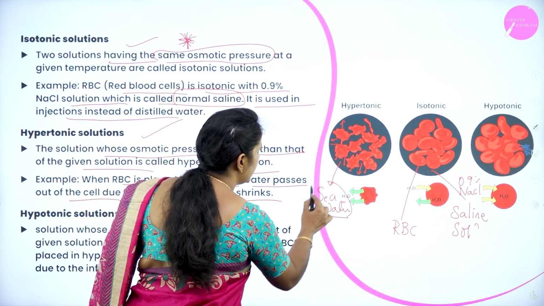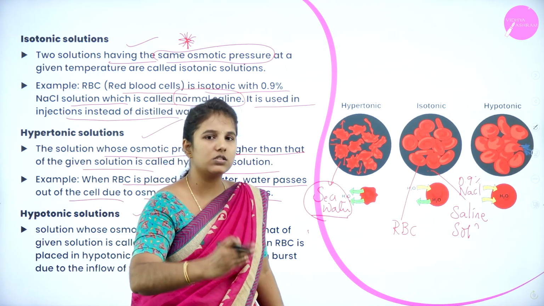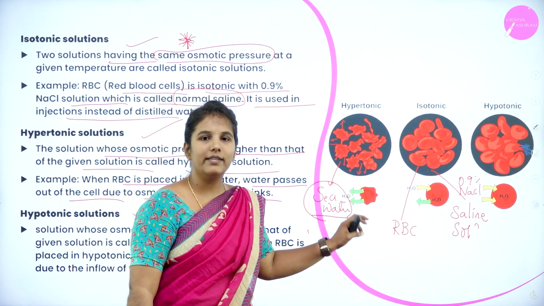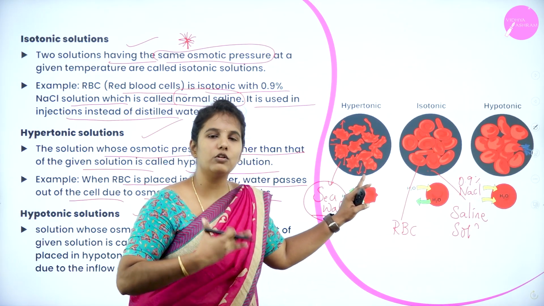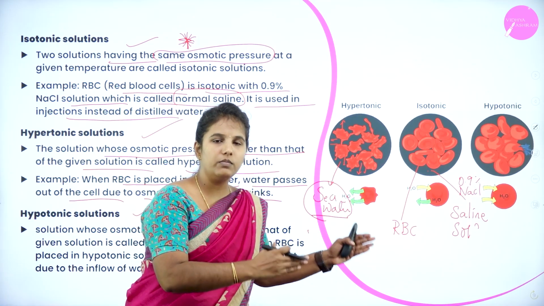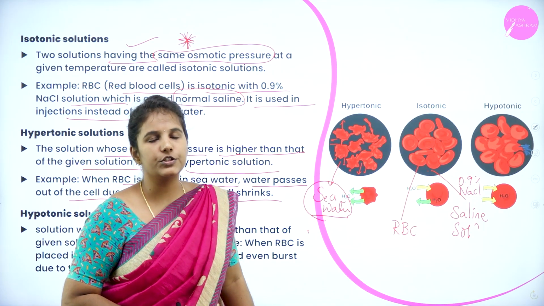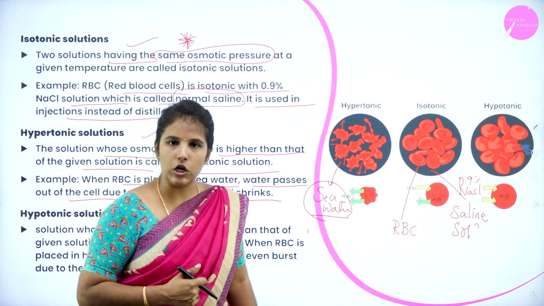Since the red blood cells have been placed in the higher concentration of seawater, they undergo shrinkage because the water passes towards the high salt concentration of the sea.